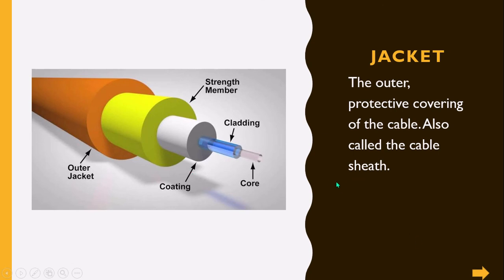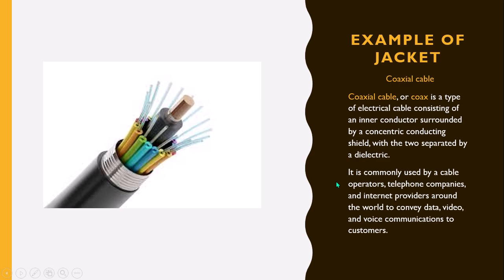Next, the example of jacket. Here is a coaxial cable, commonly known as a cable. It is a type of electrical cable consisting of an inner conductor surrounded by a concentric conducting shield, with the two separated by a dielectric.